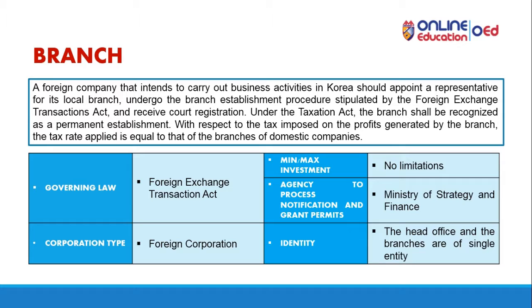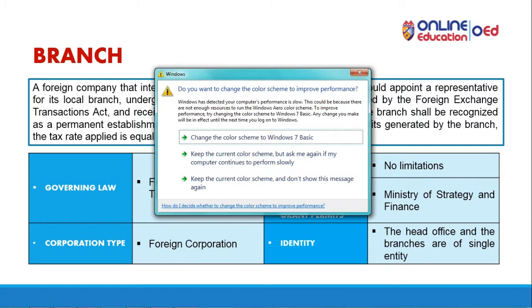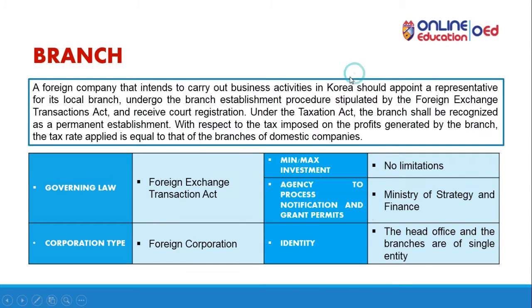Alright, so we have a branch, which makes it different from the other business structures that exist in other countries. A foreign company that intends to carry out business activities in Korea should appoint a representative for its local branch, undergo the branch establishment procedures stipulated by the Foreign Exchange Transactions Act, and receive court registration.